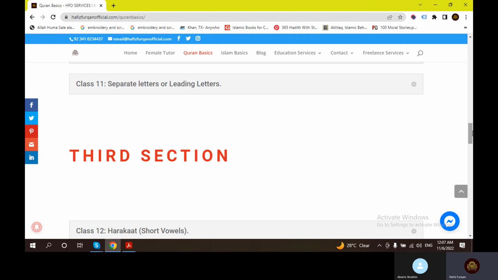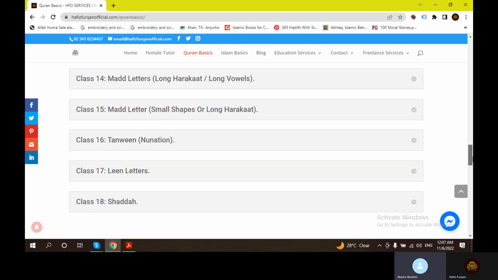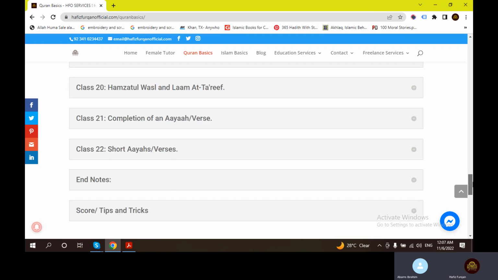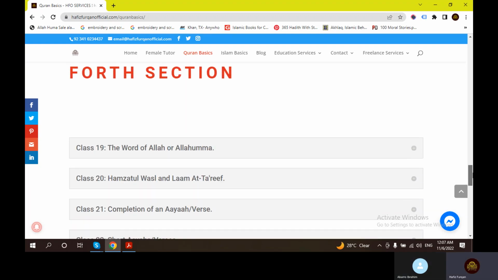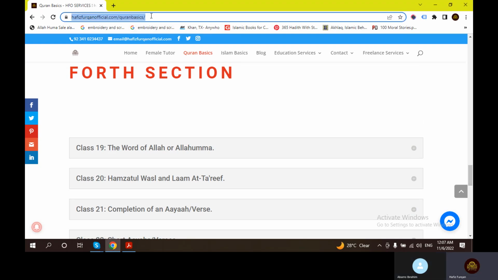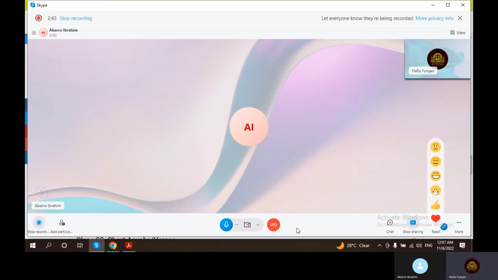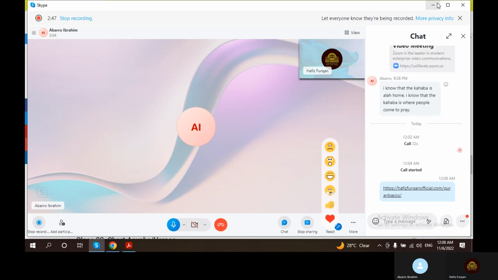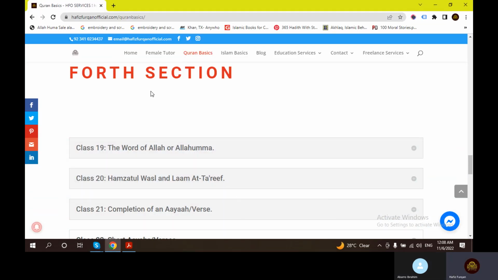You have to come on the fourth section. I will send that link to you. You have to note these two rules down. One is about Hamzatul Wasl.